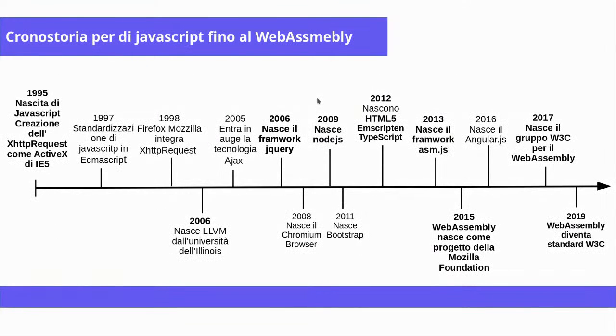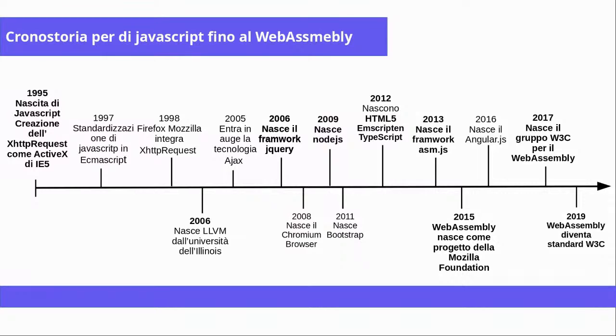We have a chronology from JavaScript to WebAssembly. In 1995, JavaScript was born, with the XHTTP request coming from ActiveX of Internet Explorer 5. In 1997, we have the standardization of JavaScript in ECMAScript.